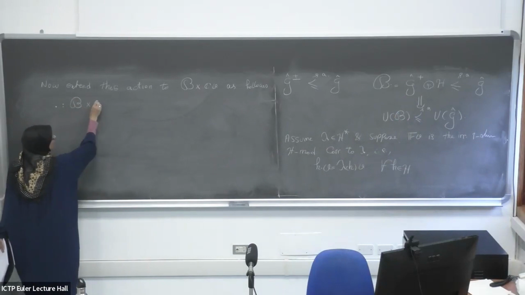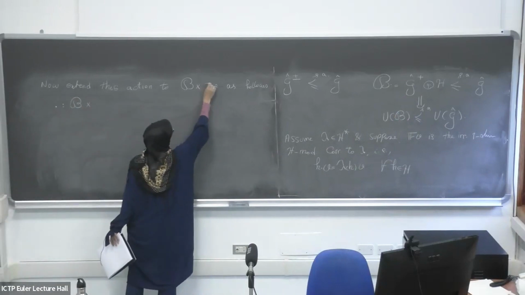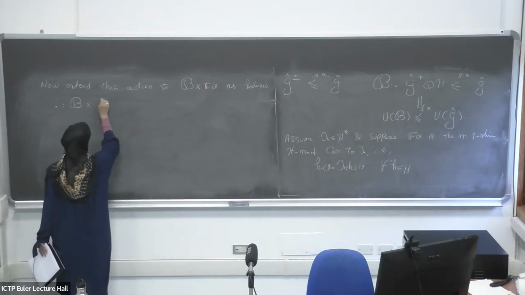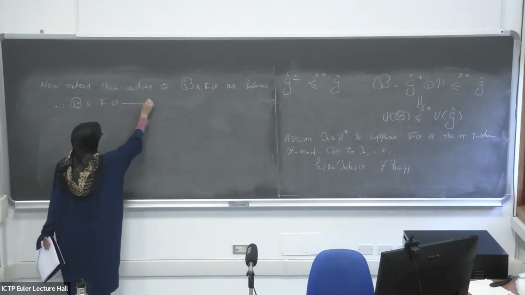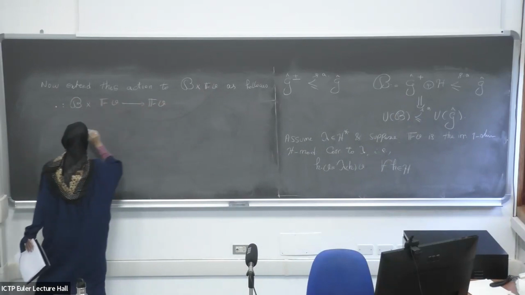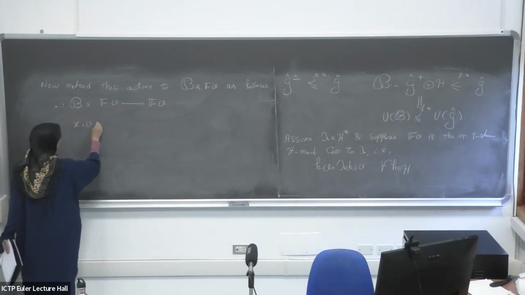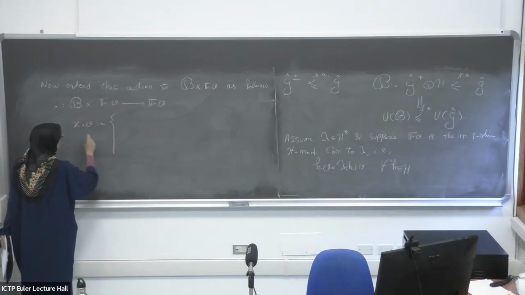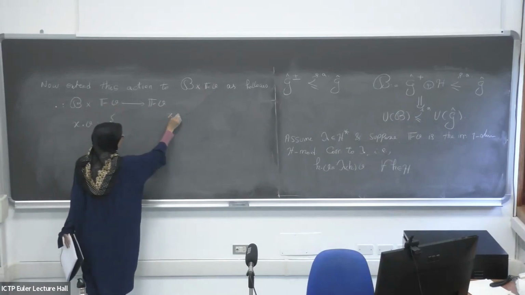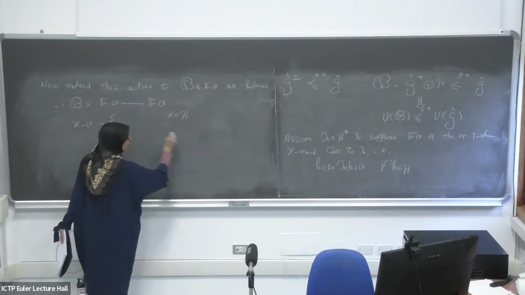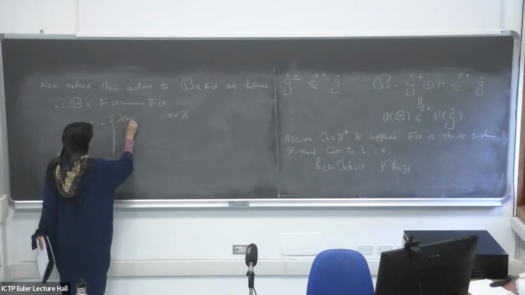B times F_lambda to F_lambda, which maps X, v. If X is an element of H, we know what it is. It is lambda(X)v.